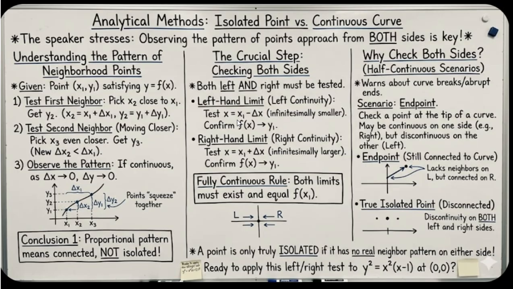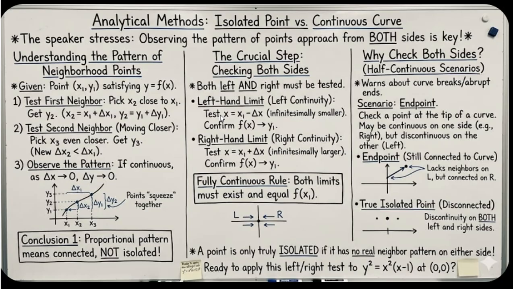We check left hand continuity and right hand continuity, because sometimes we observe as x tends to x1, whatever the f of x. Suppose initially we have the point x and y, with y equal to f of x.